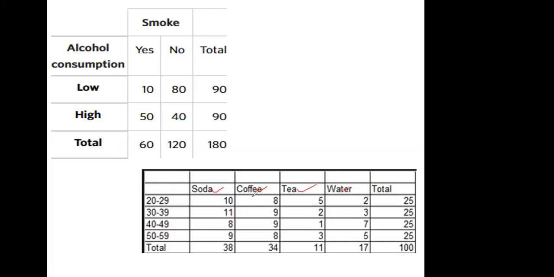And we are considering the age categories, 20 to 29, 30 to 39. Now we collect data from 100 people. Now we need to know, is there any relationship between the age categories and their drinking preferences?